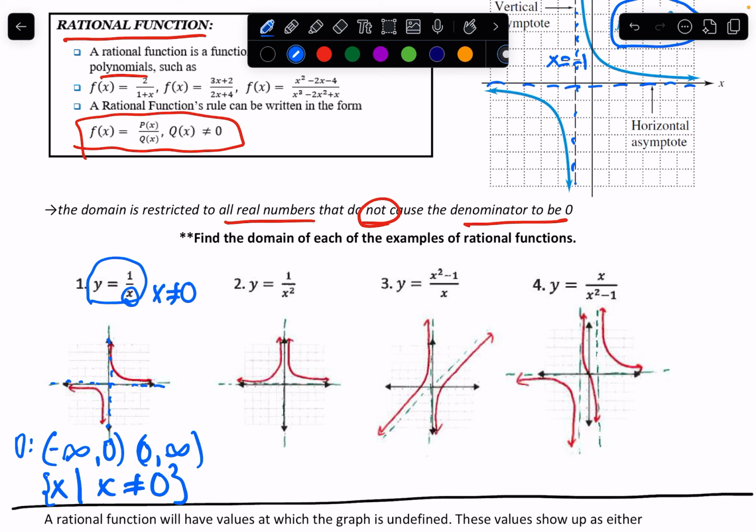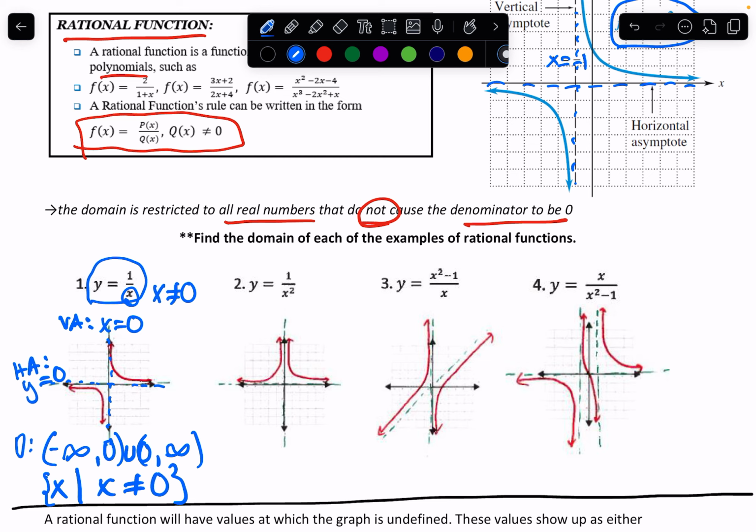So x equals 0 is going to be our vertical asymptote, and then our horizontal is y equals 0. This one I forgot to write; it should be or. So the U sign means or.